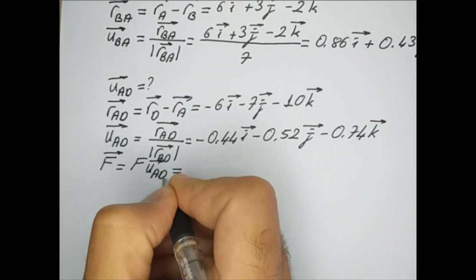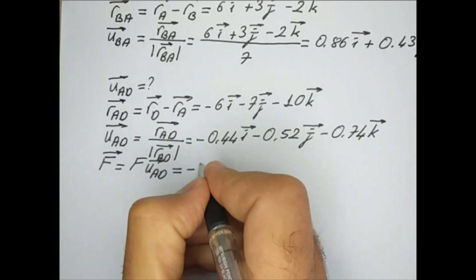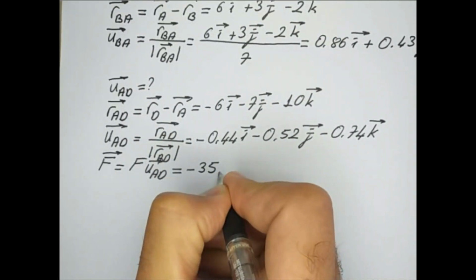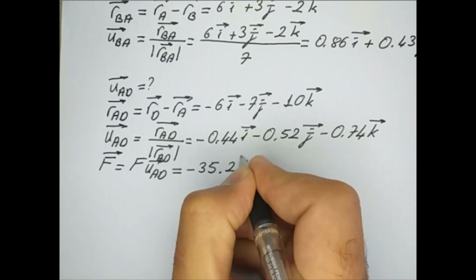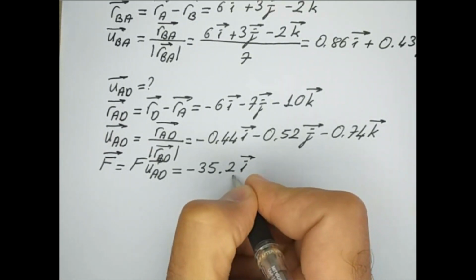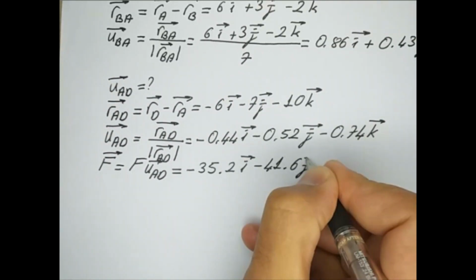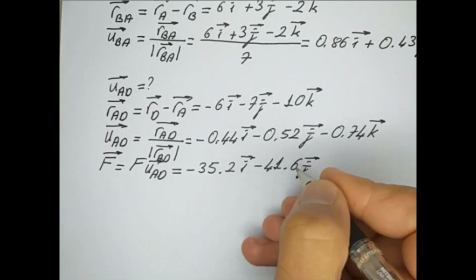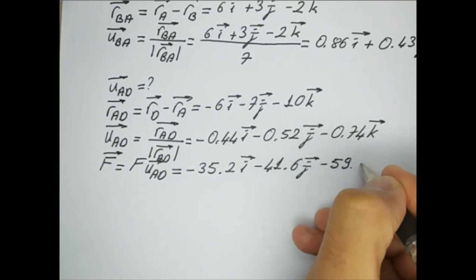So it is minus 35.2i vector minus 41.6j vector minus 59.2k vector.